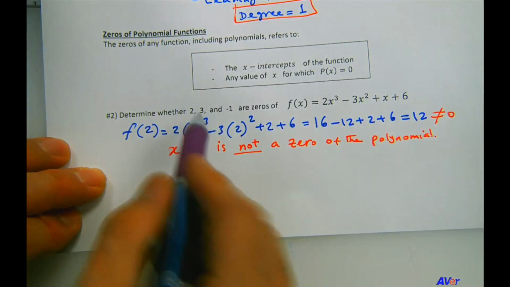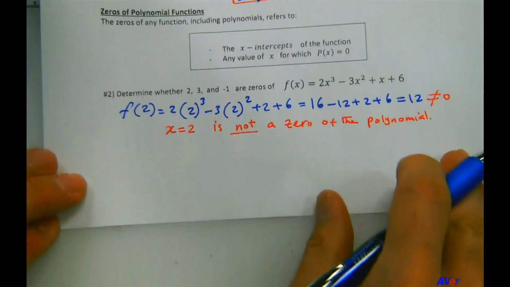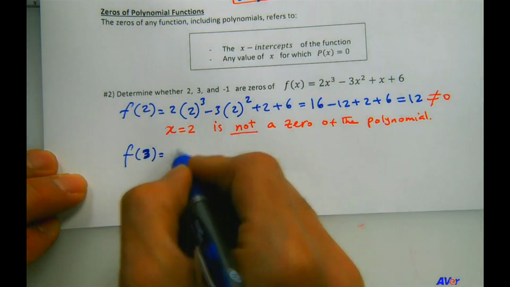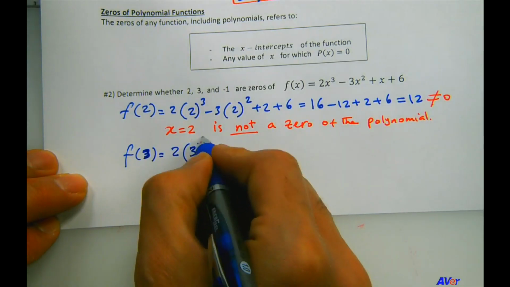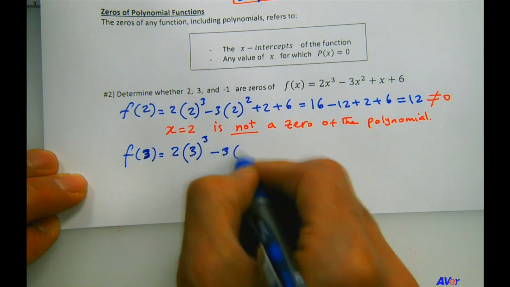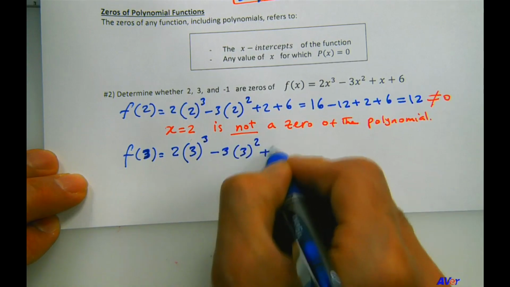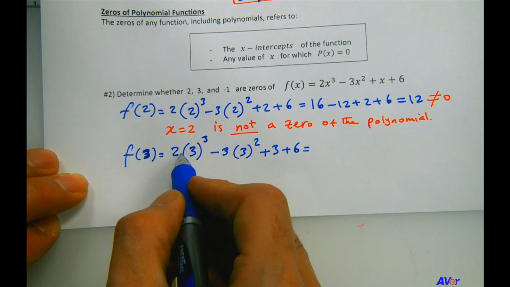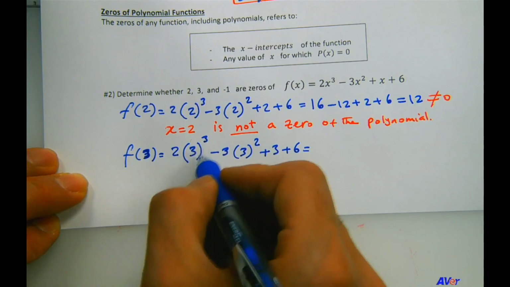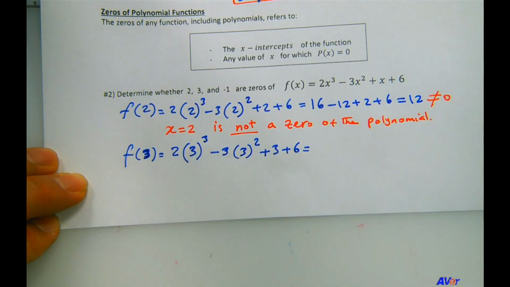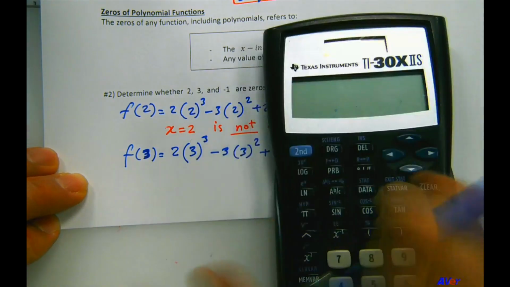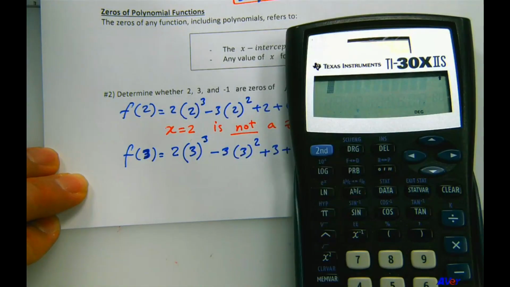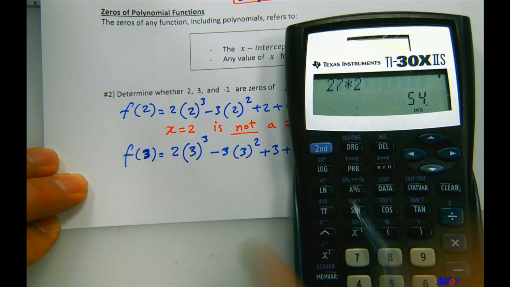Let's test 3. So the polynomial at 3 would be equal to 2 times 3 cubed minus 3 times 3 squared plus 3 plus 6. So 3 cubed is 27. 27 times 2, that would be 54, right? But let me double check. So 27 times 2, 54.